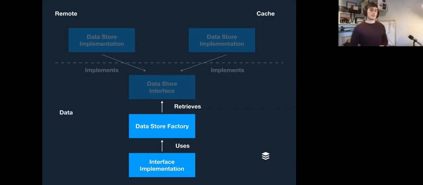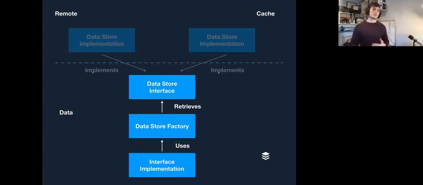So this data store factory uses some variables, such as maybe a cache expiration, or it might check if there's also stuff in the cache. And then depending on the result of that, it will return us an interface of the data store class. So again, sticking to the outer layer, it communicates with a layer's interface approach. The data layer, the data module, sorry, provides an interface for our remote and cache layer to implement.